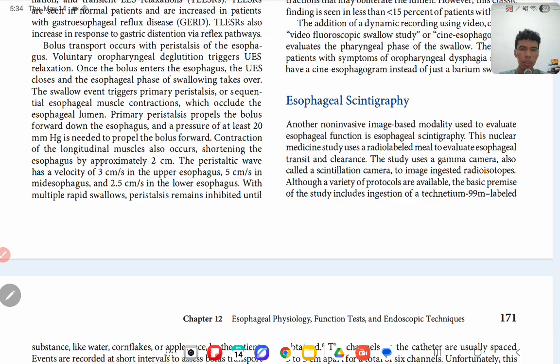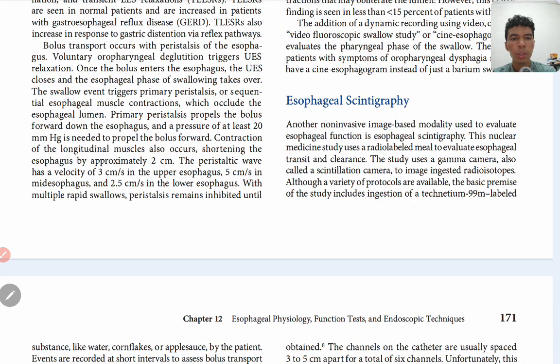Esophageal scintigraphy. Another non-invasive image-based modality used to evaluate esophageal function is esophageal scintigraphy. These nuclear medicine studies use a radiolabeled meal to evaluate esophageal transit and clearance.